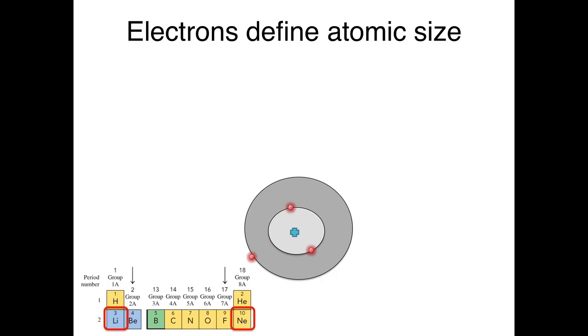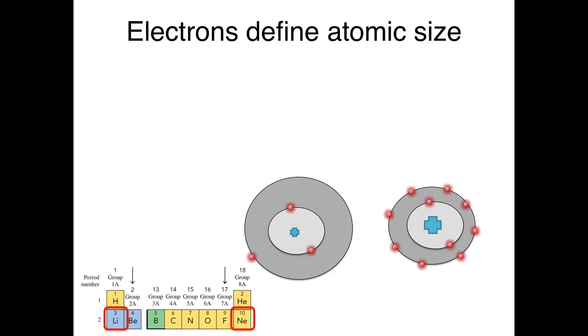So to understand this trend, we have to remind ourselves of the attraction between the positive nucleus and the negative electrons. Remember that when we are going from left to right, from lithium with 3 protons and 3 electrons to neon with 10 protons and 10 electrons, we not only increase the amount of protons and electrons, but we increase the amount of positive charge and amount of negative charge. So if you have more things that are very attracted to each other, how do you think it will affect the size?